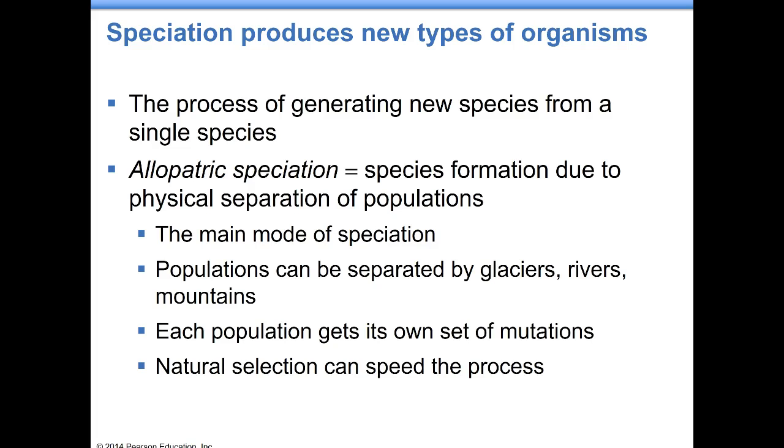The process of generating new species from a single species is something called allopatric speciation, and this is how we can form new species due to physical separation of populations.